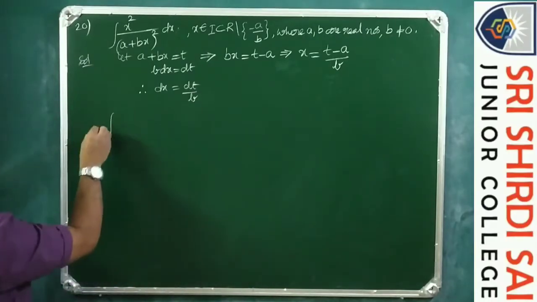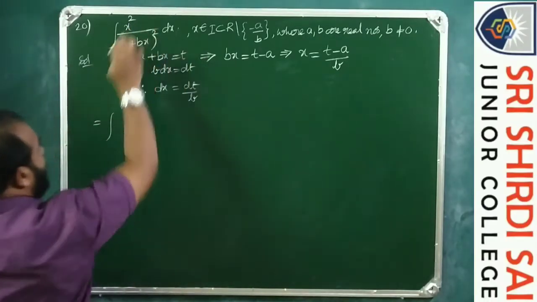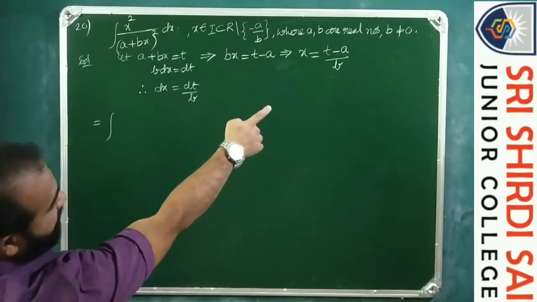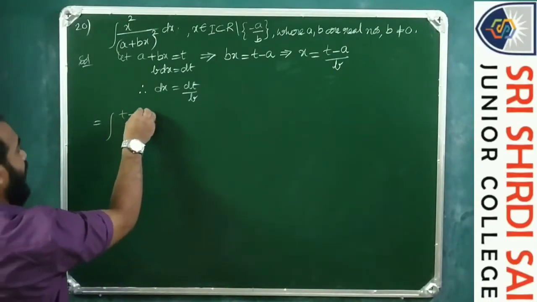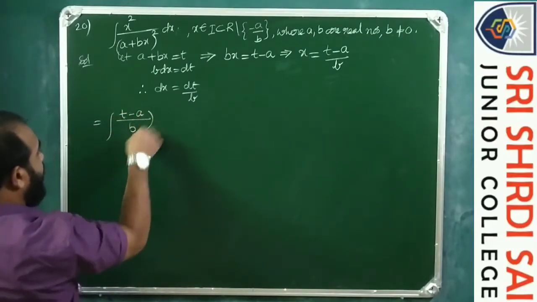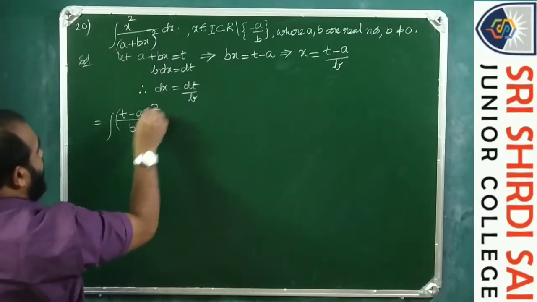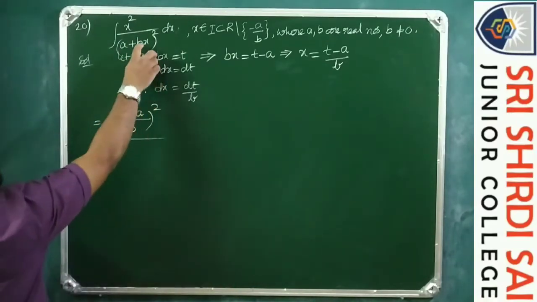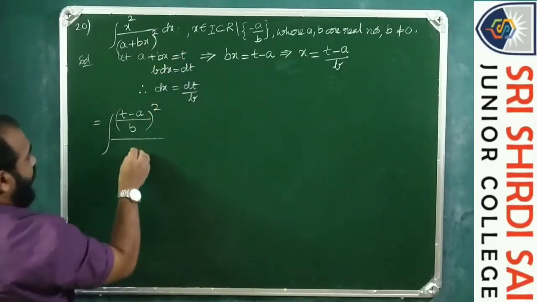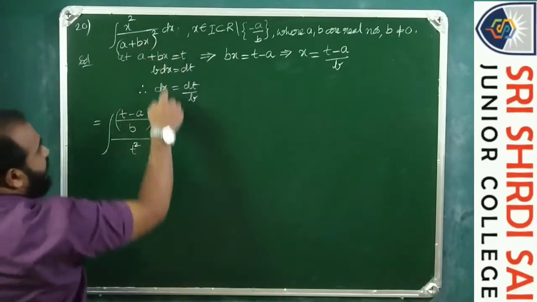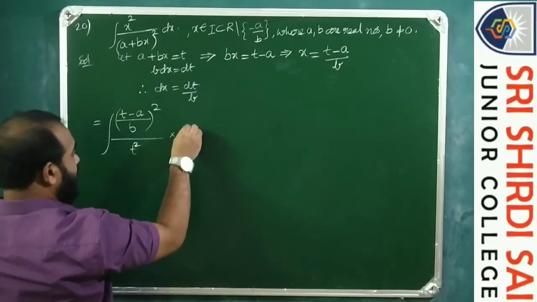Now let us substitute everything in this. The value of x is what we have just derived, t minus a by b square, by a plus bx is t, its square, t square, into dx is equals to dt by b.